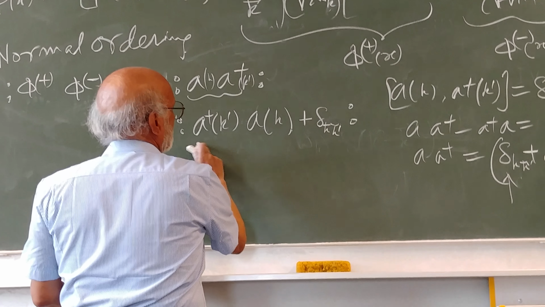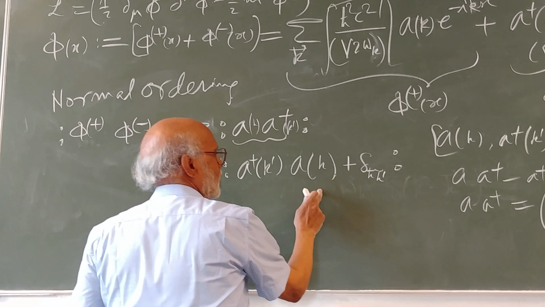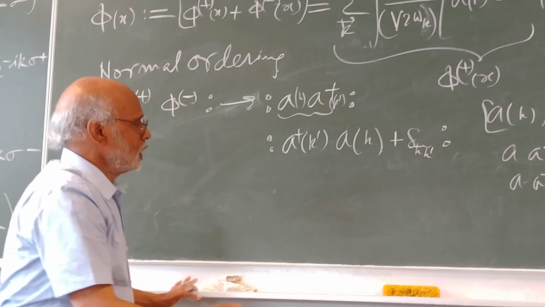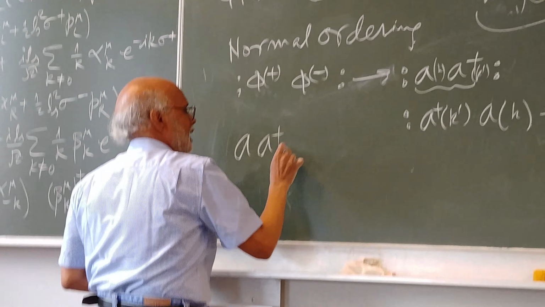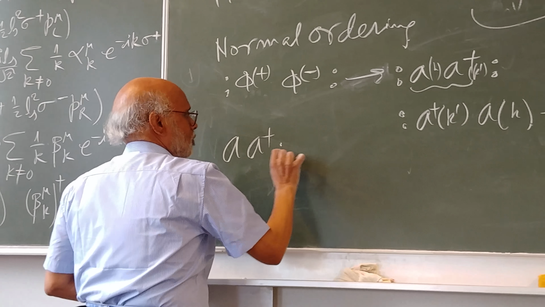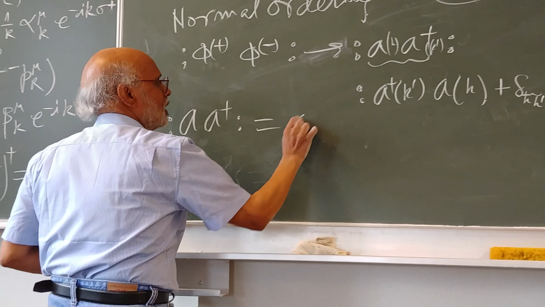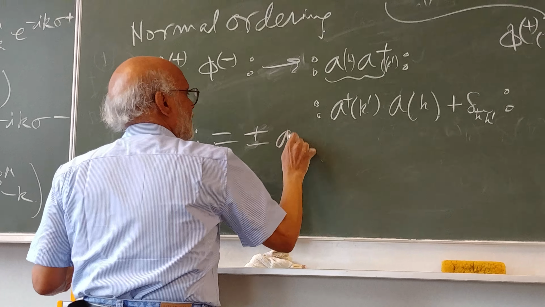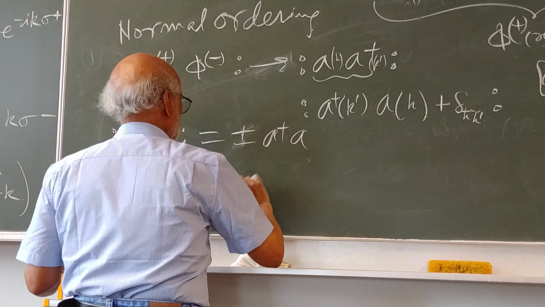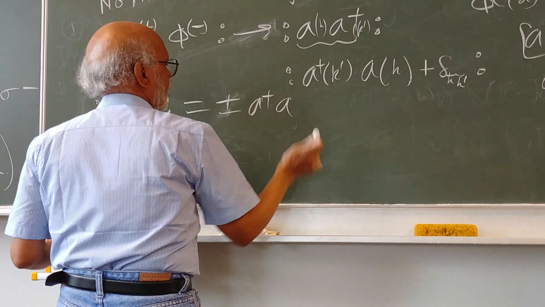Now you see, A dagger A is a normal ordered product already. So what is a normal ordered product? By definition, A dagger A is the same as A A dagger minus the normal ordering constant.